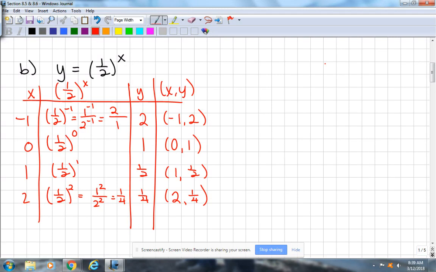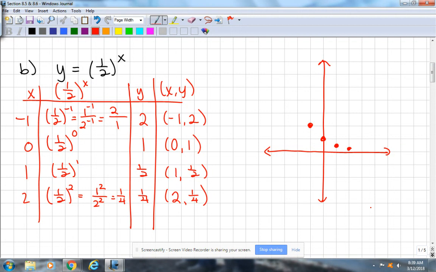All right, so you graph it. This does not have to be a very tall graph at all because my biggest number I have on there is 2. So I go -1 up 2, 0, 1 on the y-axis, right 1 up 1/2, and then right 2 up 1/4.